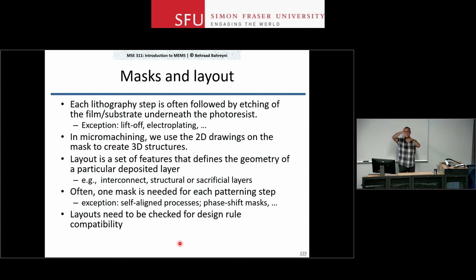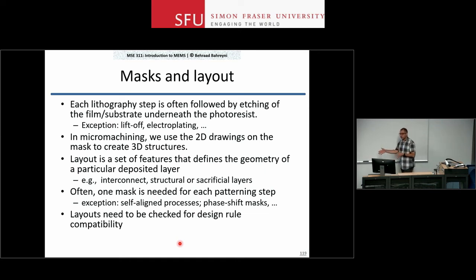The metal that goes onto it comes from another lithography step, another fabrication step. These two have to be aligned with each other. So alignment of the mask to features on your wafer is also an important issue. You want to make sure that you're depositing the new material or etching the areas from the right portions of the wafer. Mask alignment is very critical.